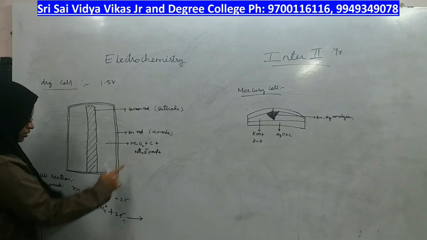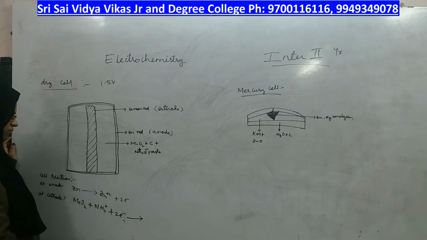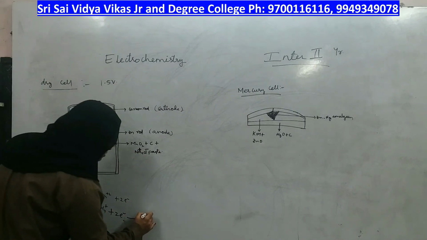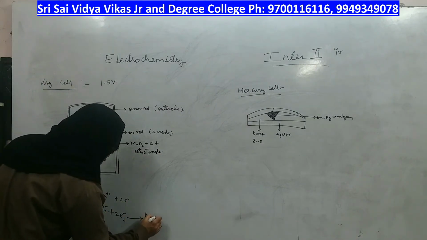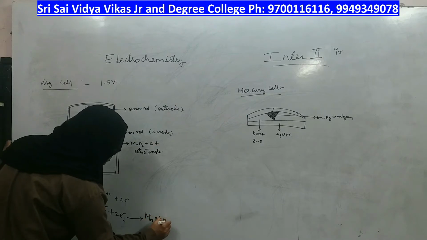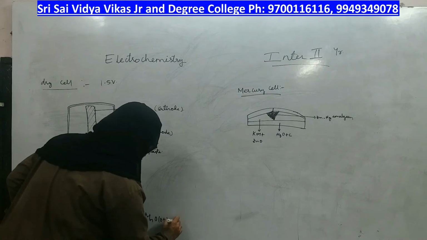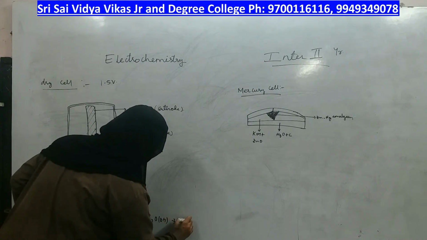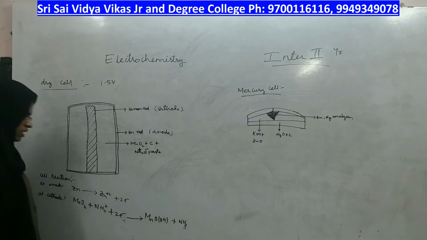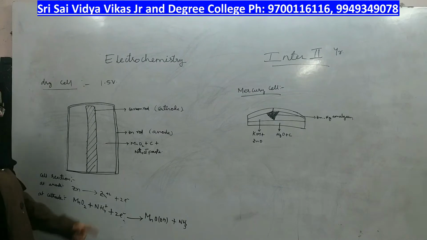MnO2, ammonium ion and 2 electrons from anode give rise to manganic hydroxide plus ammonia gas.